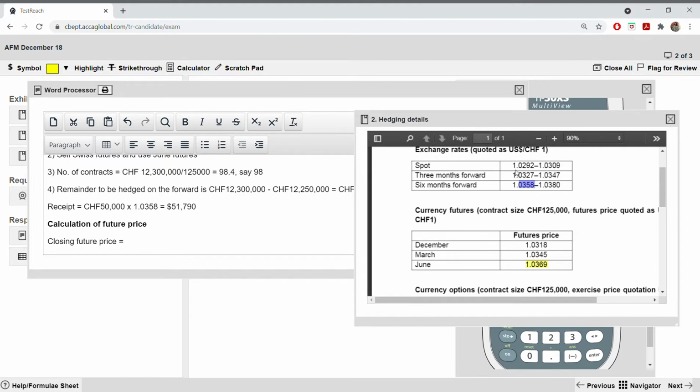This spot over here, and this which I have highlighted, the June future. That is the second method, which is the more correct method, which I normally follow.